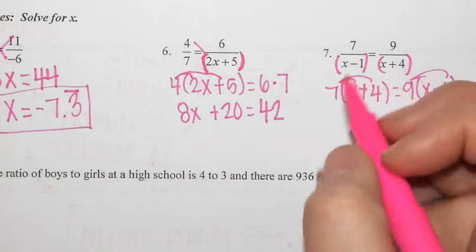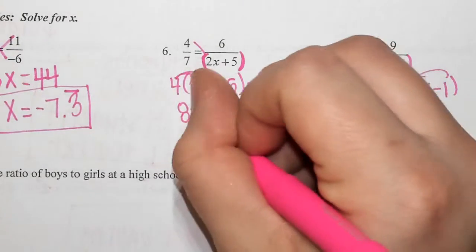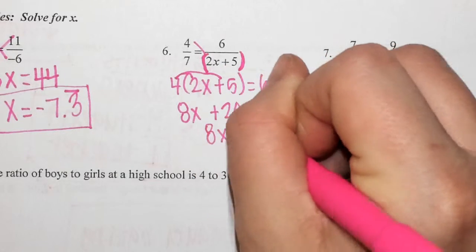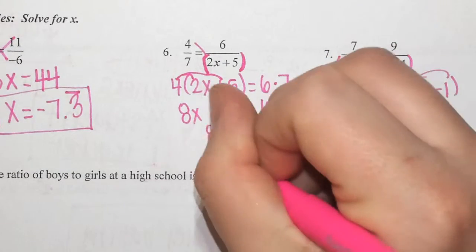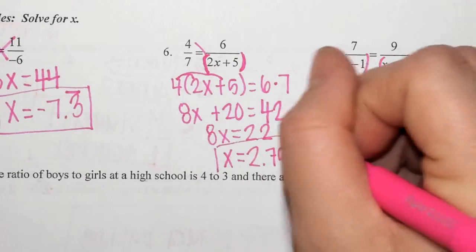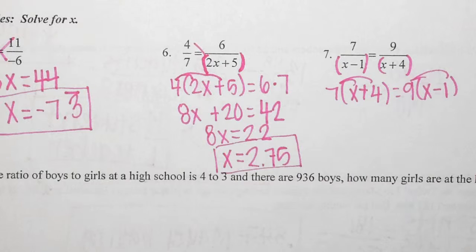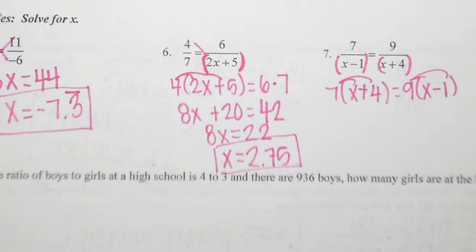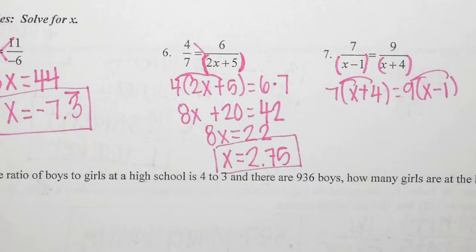Okay, so you have to subtract your 20, which gives you 8x equals 22, and then divide by 8. I get a decimal for number 7 too. Yeah.